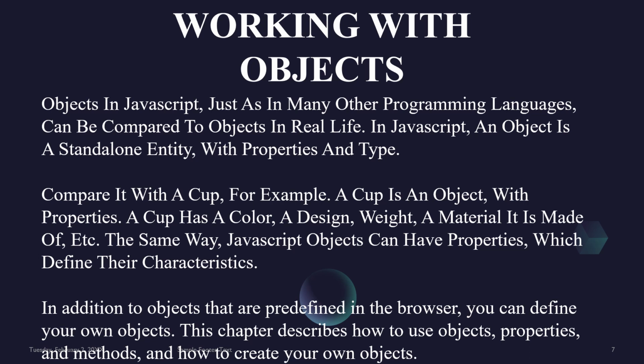A cup has a color, a design, weight, a material it is made up of, etc. The same way, JavaScript objects can have properties which define their characteristics. In addition to those predefined in the browser, you can define your own objects. This chapter describes how to use objects, properties and methods and how to create your own objects.